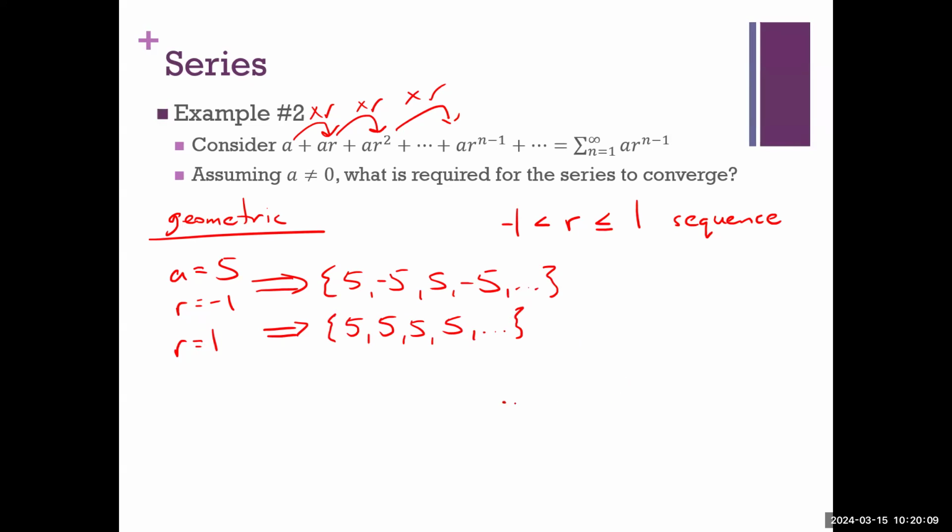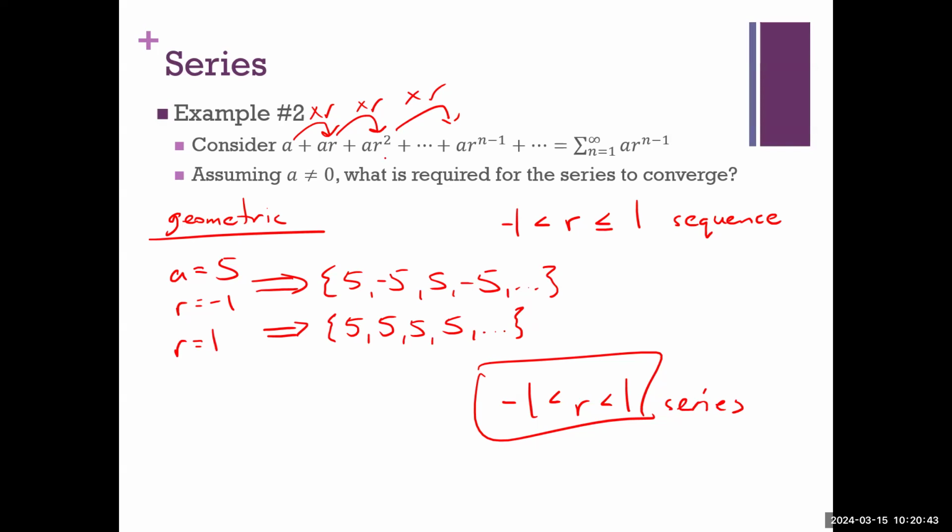So the sequence converges for the values already listed, but the series has to converge only on these interior values. It's not including -1 and 1. It'll converge for everything on the interior. Because what's going to happen if R is between -1 and 1? What's going to happen to successive terms? Towards 0. They're going to go towards 0.